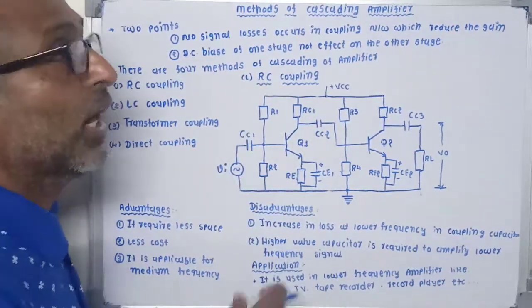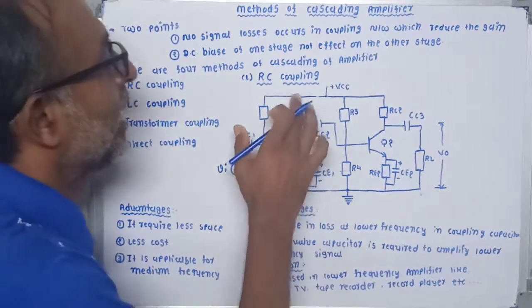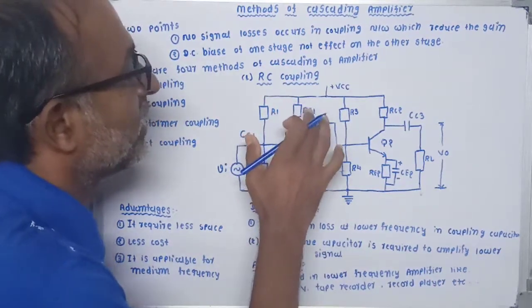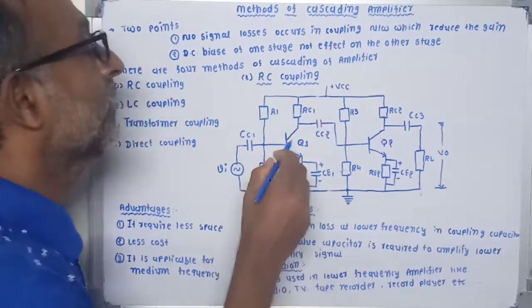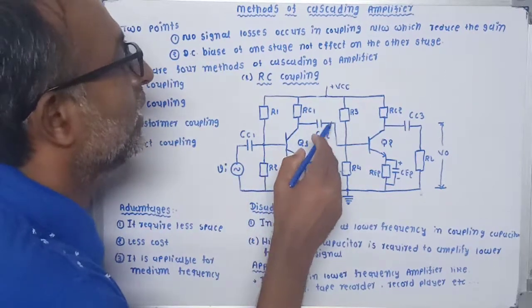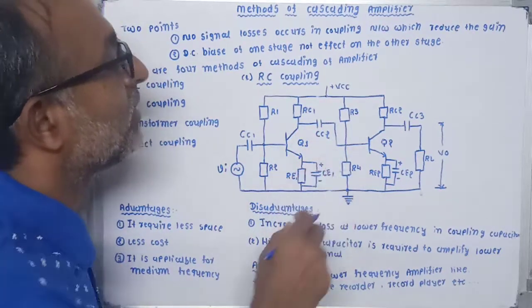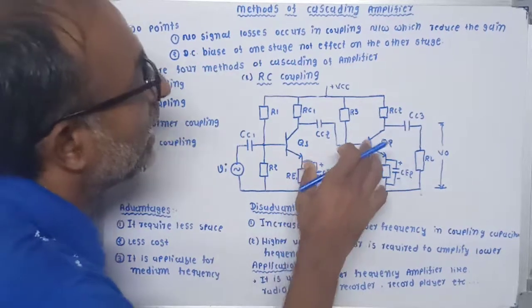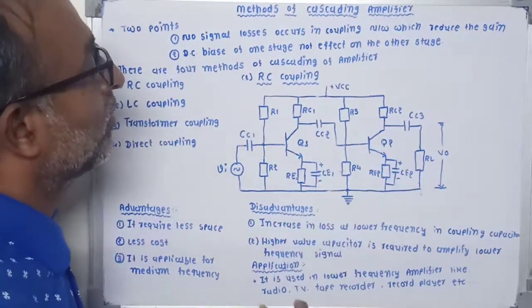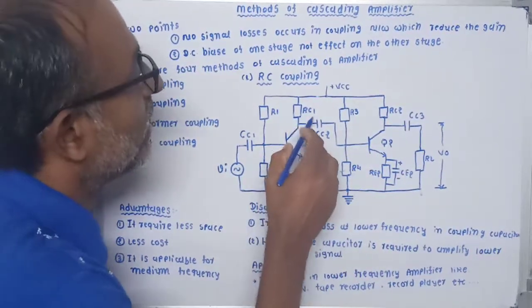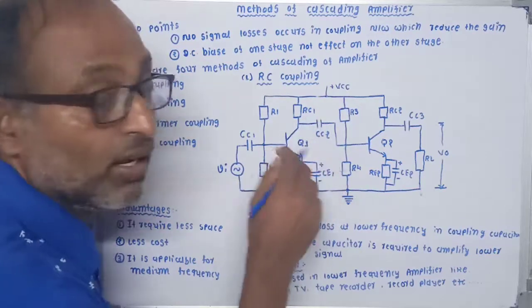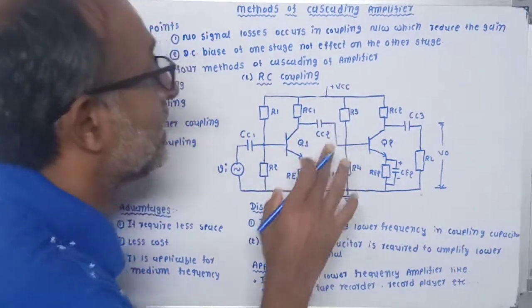Here the output of one stage appears across this collector resistance RC1, and this output voltage is applied to the second amplifier through this resistance R1 through this coupling capacitor CC2.